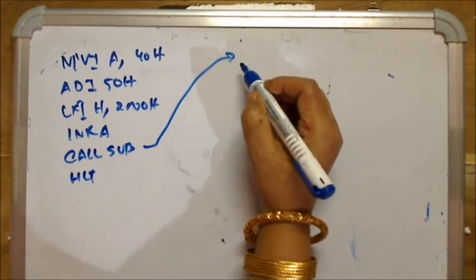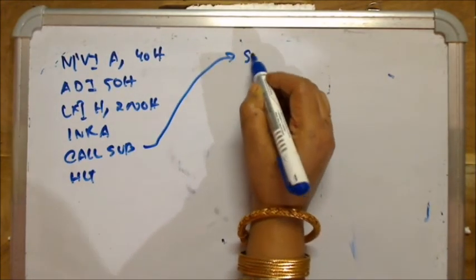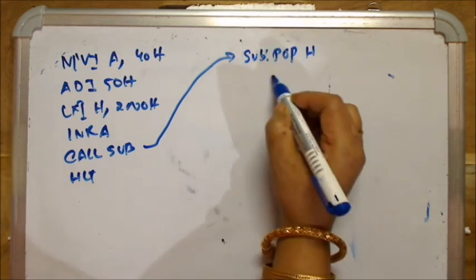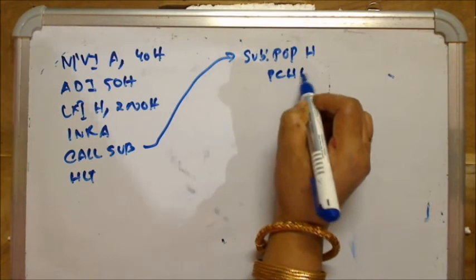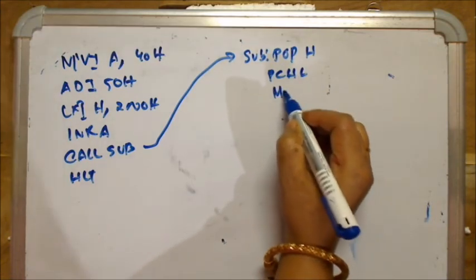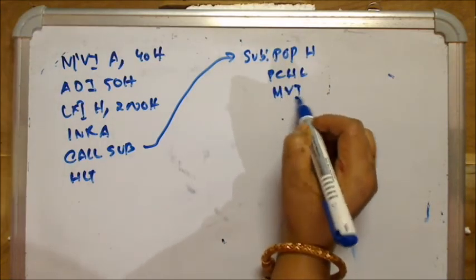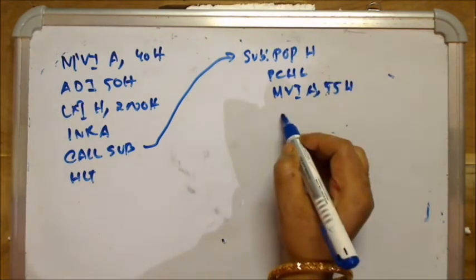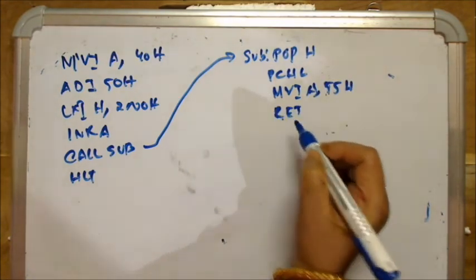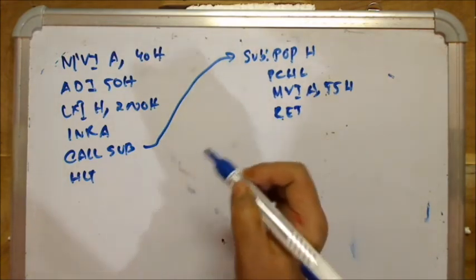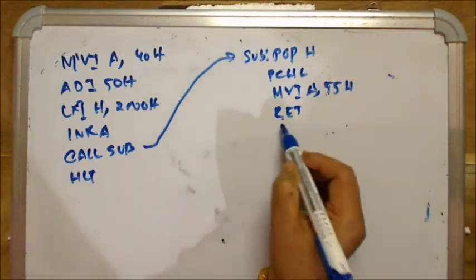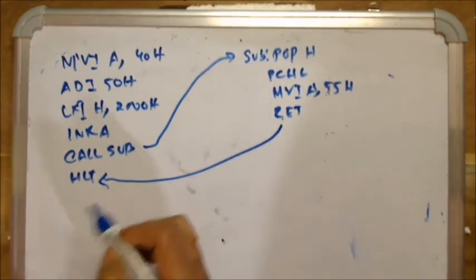When I go to the subroutine: POP H, then PCHL, and then MVI A, 55H, and then return. We are going to the subroutine here, and after return it comes to the next instruction.